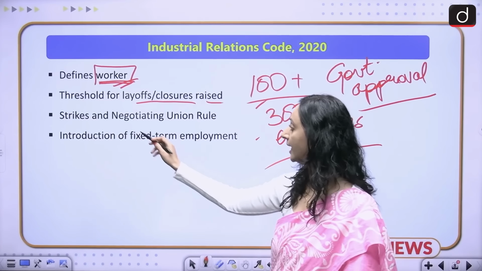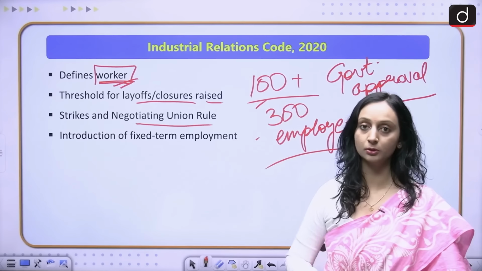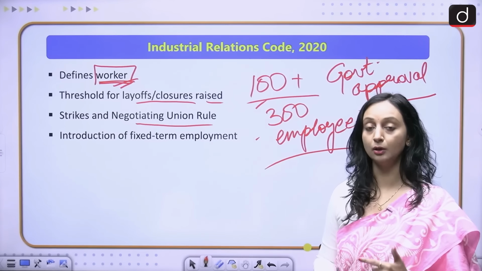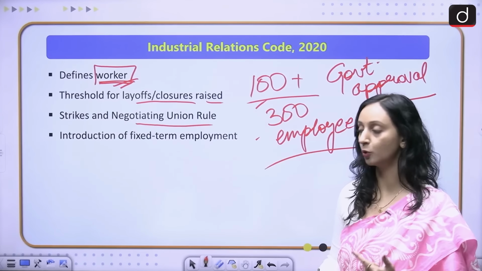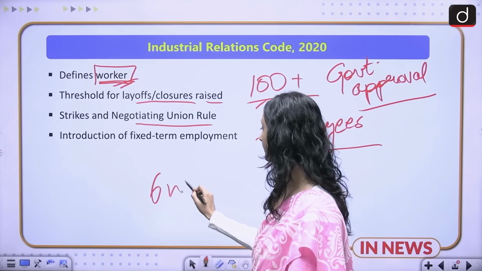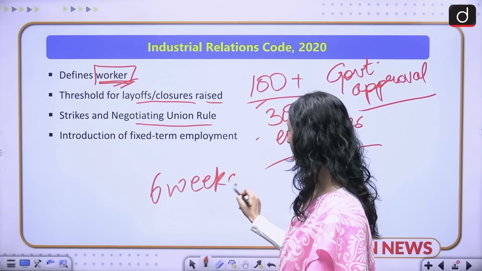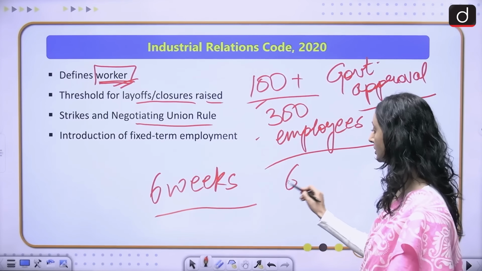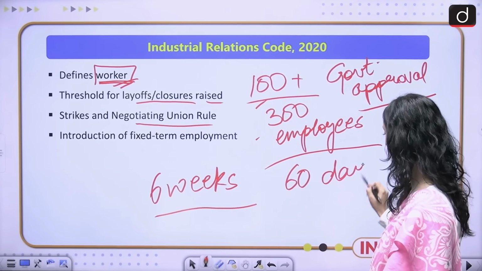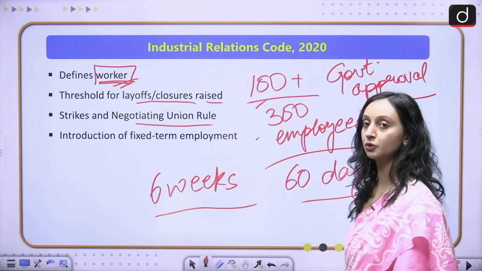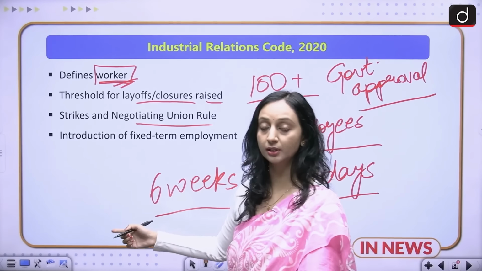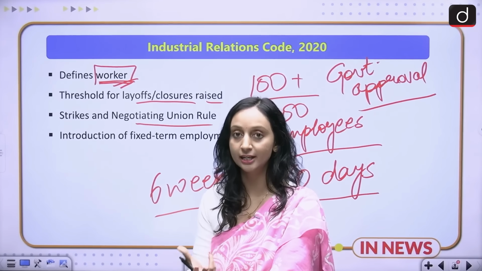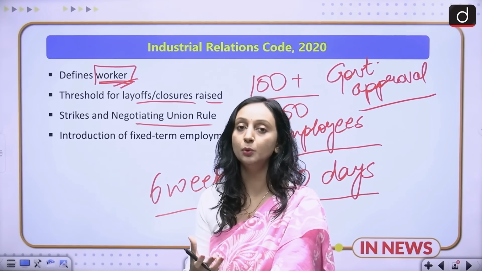Then strikes and negotiating union rule has also come in. Now for strikes, earlier for any strike to take place, a notice of 6 weeks had to be given, and now this has been raised to 60 days or 2 months. So earlier a notice of 6 weeks was enough, but now a notice of 60 days will have to be given prior to any strike.